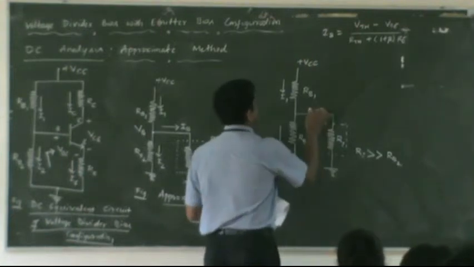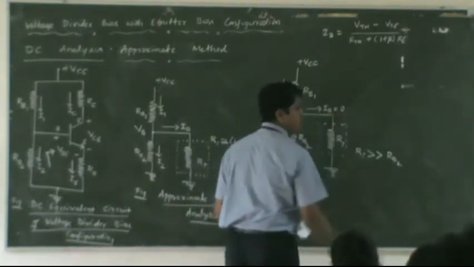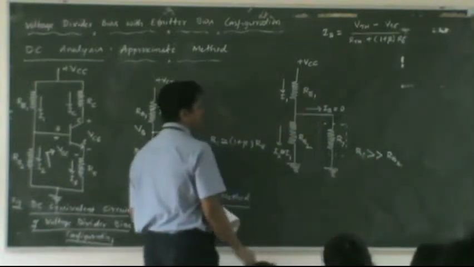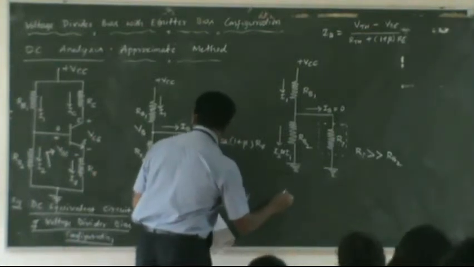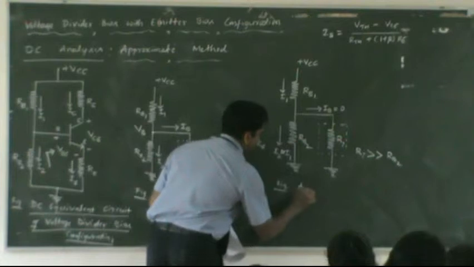So this current IB will become 0 if this quantity is very large. We can give the same title as before: this figure is the approximate analysis.